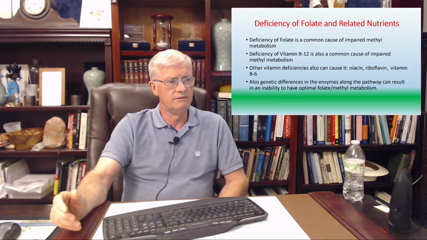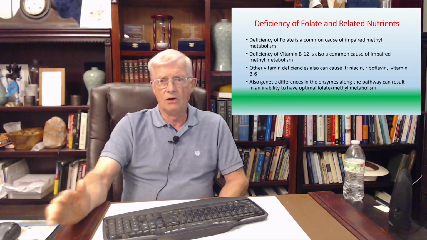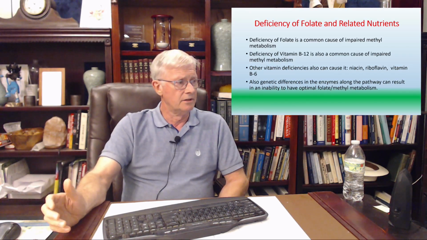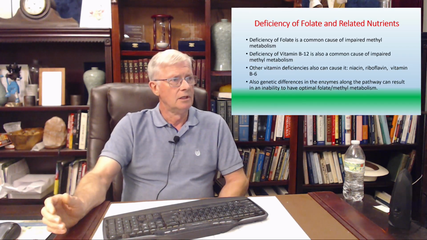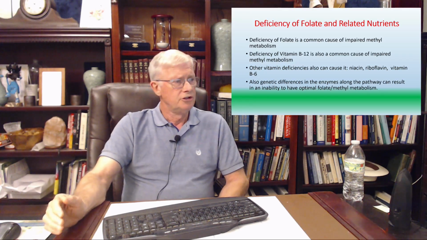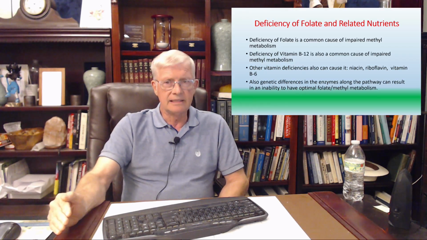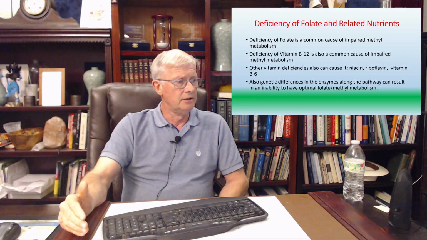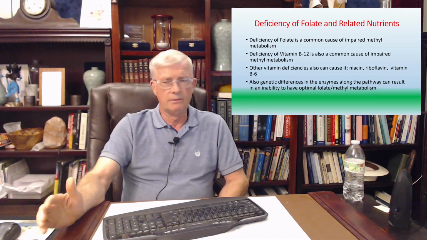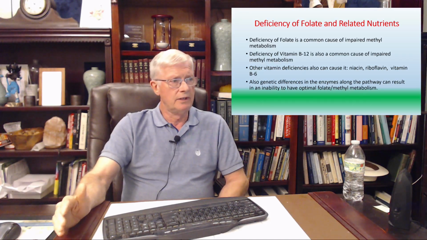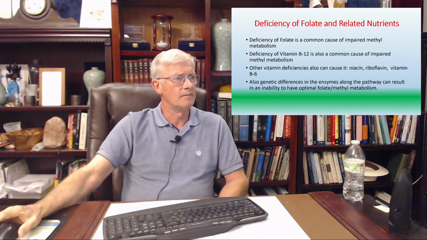Niacin, riboflavin, vitamin B6, if it's really low in your body, can cause those same kinds of methyl metabolism problems. Also, genetic differences in the enzymes along the pathway can result in an inability to have optimal folate and methyl metabolism. So there's a number of things we have to be careful about.